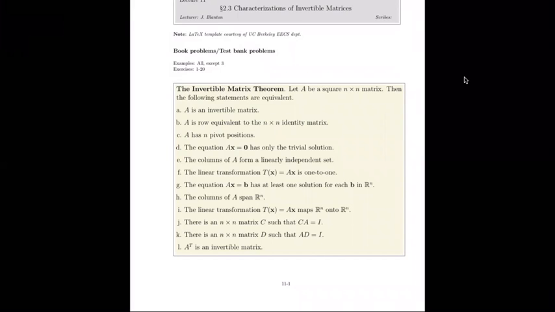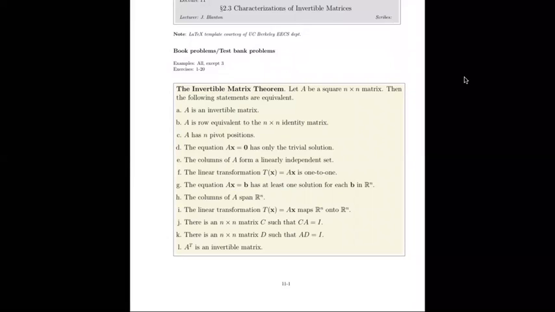The equation Ax equals b has at least one solution for each b in Rn. Yep, okay. It should also have exactly one solution, right? Because it's 1-to-1 as well. It shouldn't have more than one, for a given b.